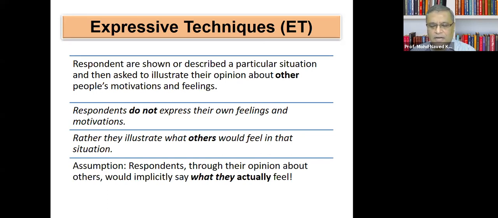The respondents think that they're not expressing their own feelings or motivations, but rather what others would feel. So the assumption here is that whatever the respondents share would in fact tell us something about what they actually feel in that situation.